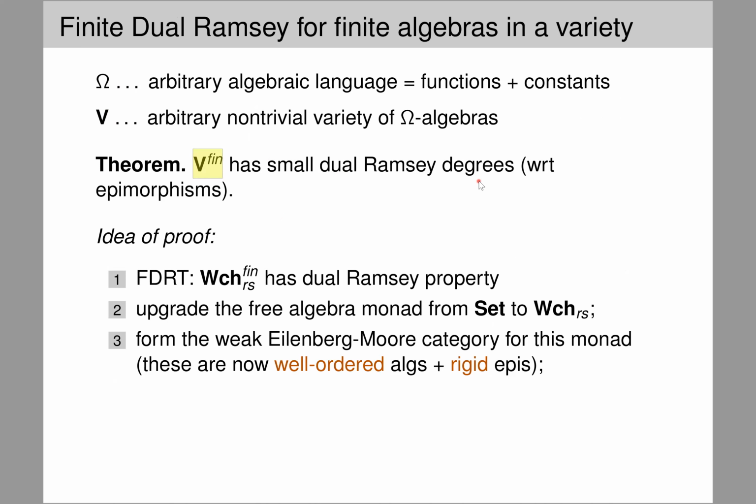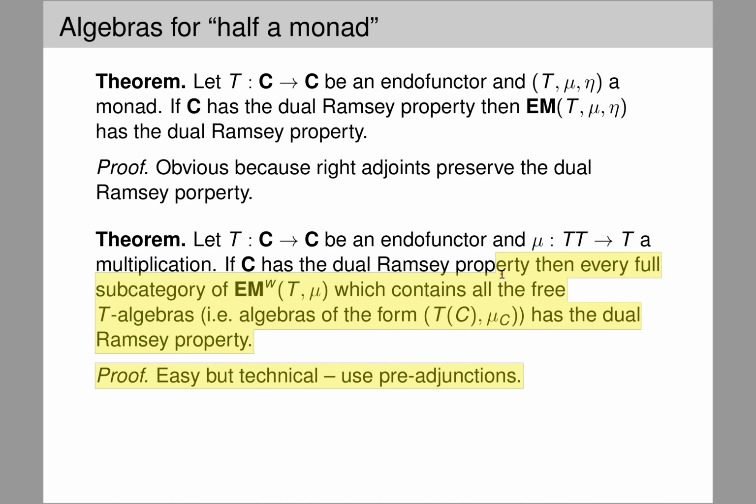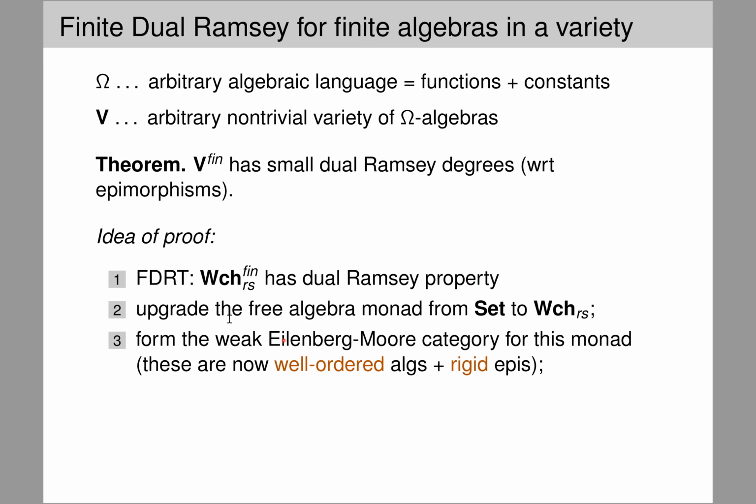The proof is pretty lengthy and pretty technical, but these are the major steps. We start with the finite dual Ramsey theorem, which in categorical terms tells us that the category of well-ordered finite chains and rigid surjections has the dual Ramsey property.